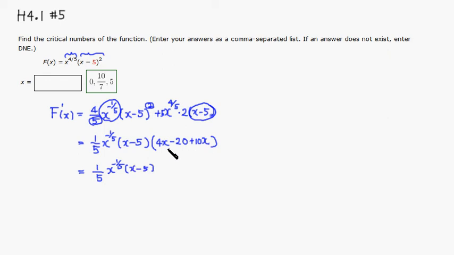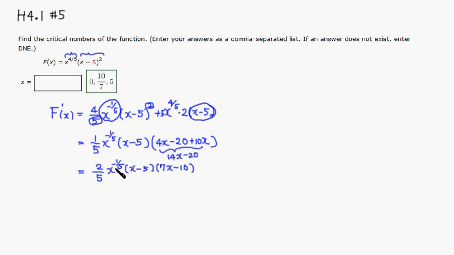Actually, this part is going to be 14x minus 20. It's actually 2 is in common, so why not pull that 2 out? What's left is 7x minus 10. Then one more step, but before we set it equal to 0.